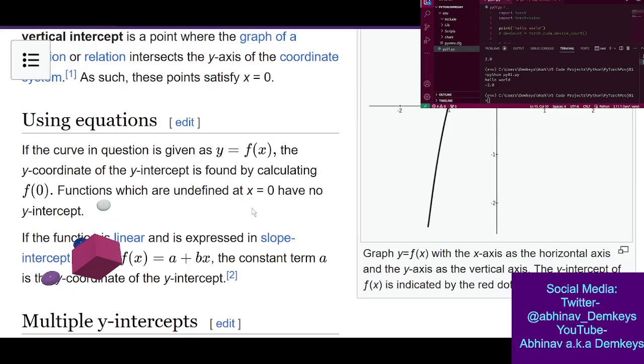Hell yeah. Yep, okay. Functions which are undefined at x equals 0 have no y-intercept. If the function is linear and is expressed in slope-intercept form as so and so, the constant term a is the y-coordinate of the y-intercept. Okay, I didn't get that, but I'm going to move on from that.